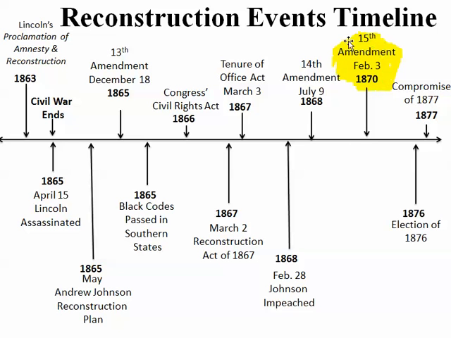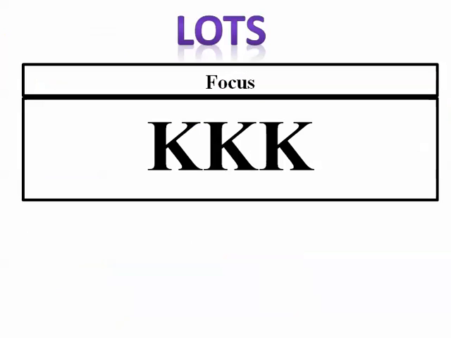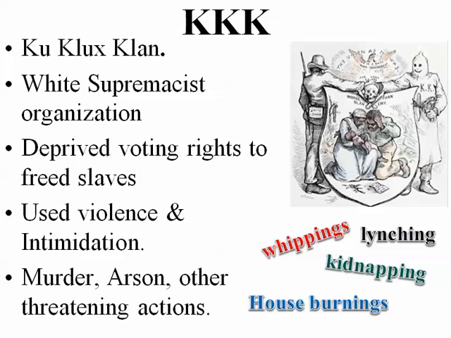So in response to this suffrage by black men, the southern states instituted devices to resist this racial equity in voting. One was the KKK, a white supremacist organization where these white people, usually very well-to-do people in town, would dress up in robes and go out and intimidate African Americans.